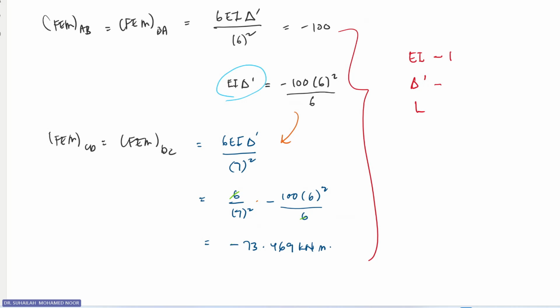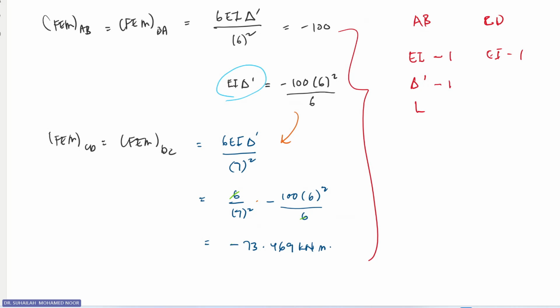We do it one by one. This is for AB, this is for CD. EI for AB is 1. EI for CD is also 1, because EI is constant. Delta prime for AB is 1.